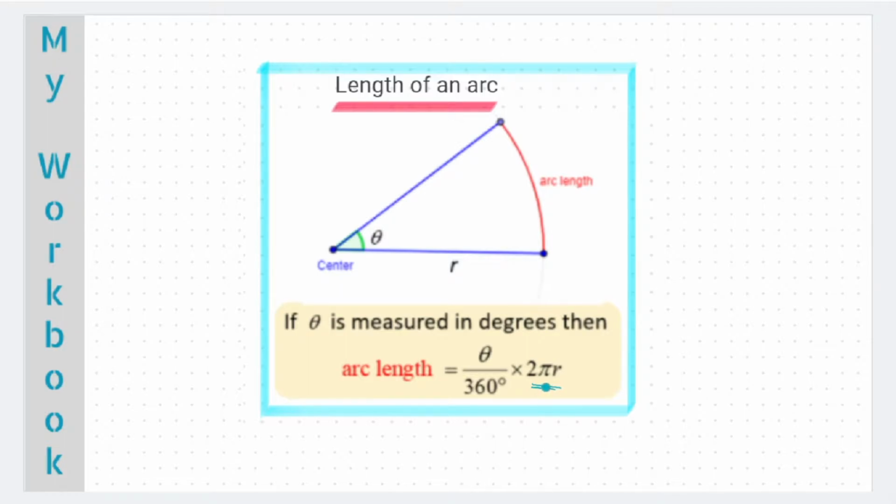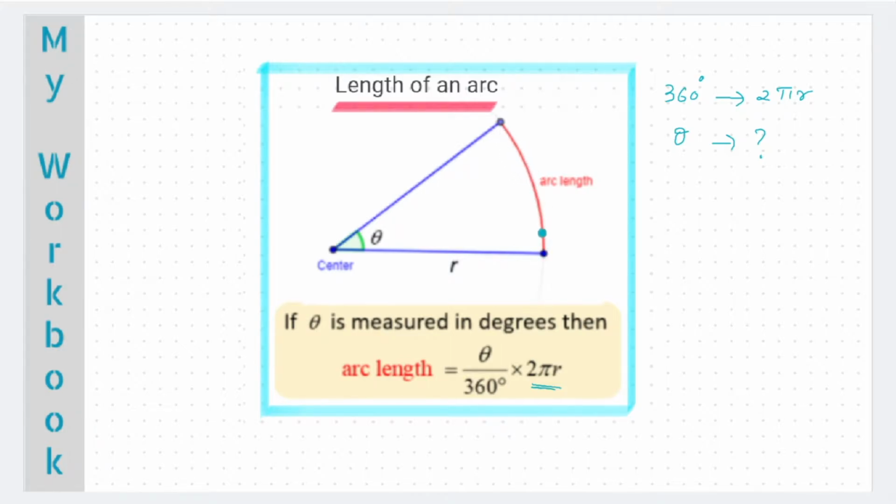In the same manner as we saw in the previous slide, when the central angle is 360 degrees for the entire circle, what is the circumference? It is 2 pi r. So if the central angle is just theta, what will be the part of the circumference, that is the arc's length?